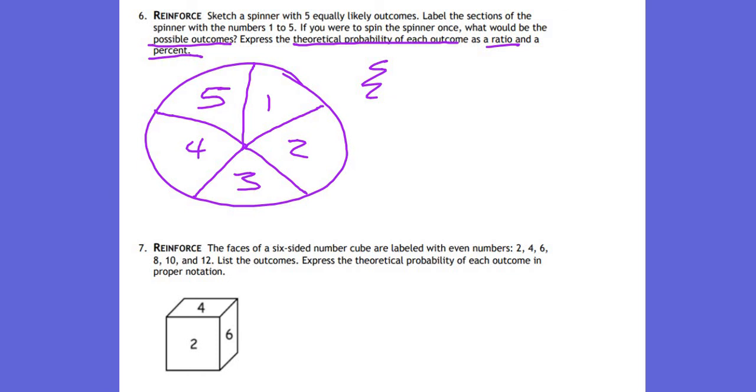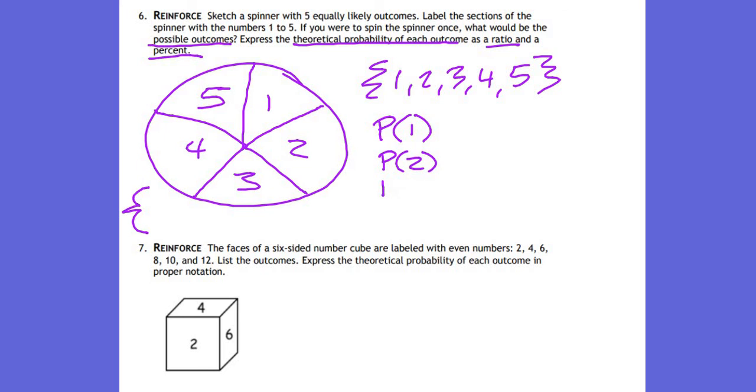They're called face brackets because it's a forehead, pointy nose, and a chin. What are the possible outcomes I could land on? 1, 2, 3, 4, 5. Those are the possible outcomes. Then it says find the theoretical probability of each as a ratio and a percent.